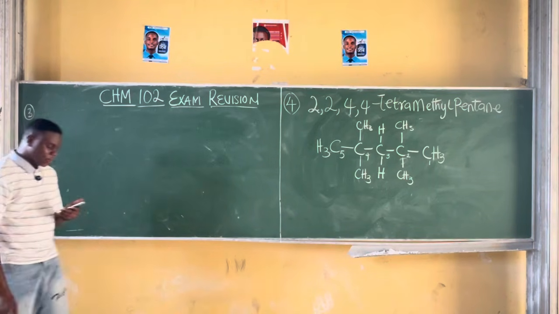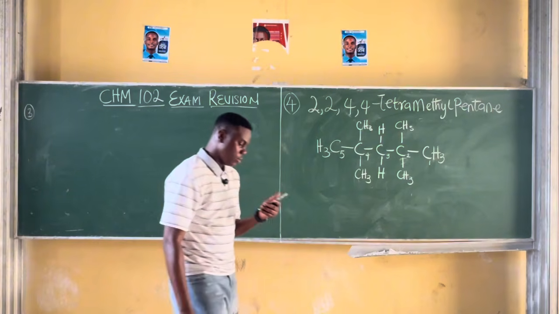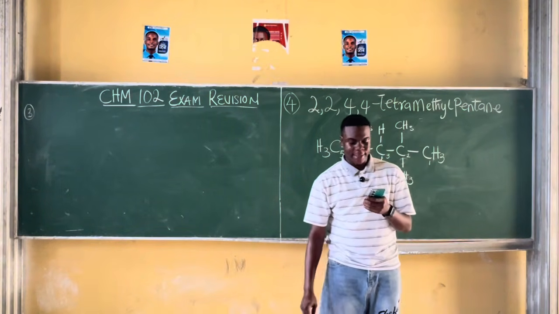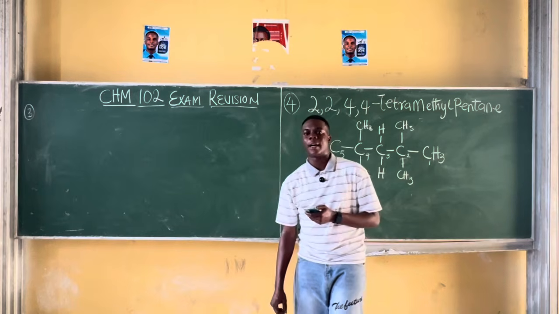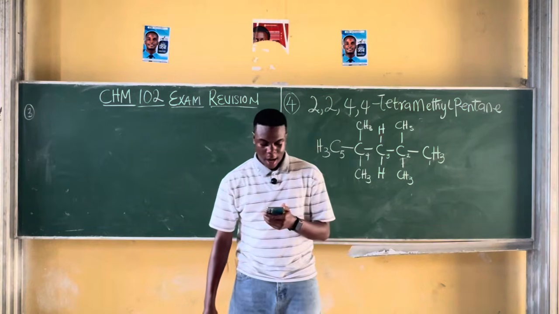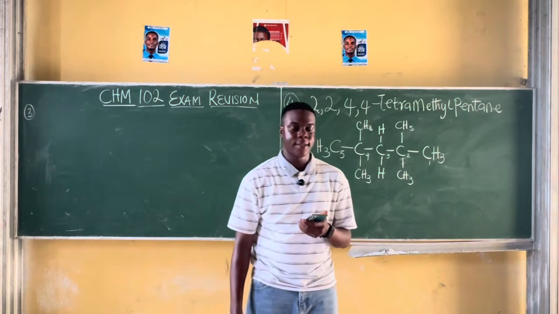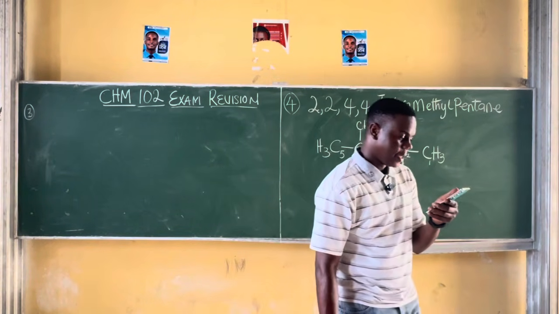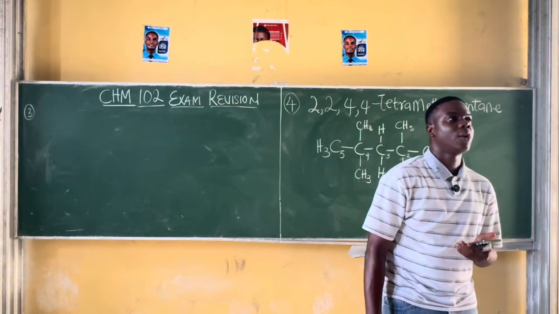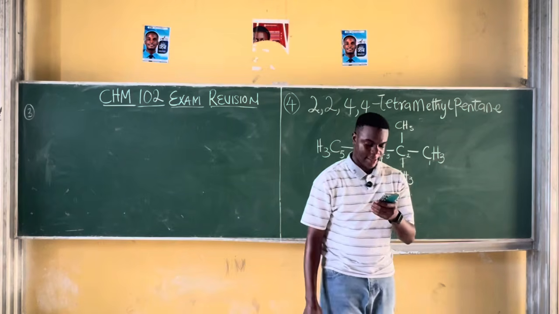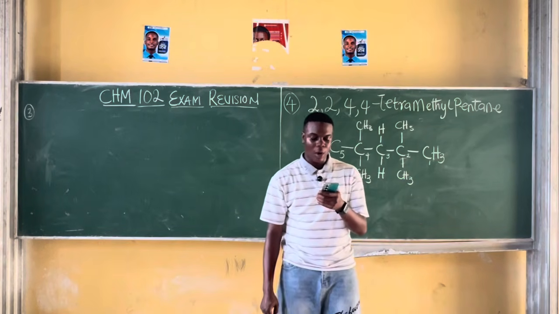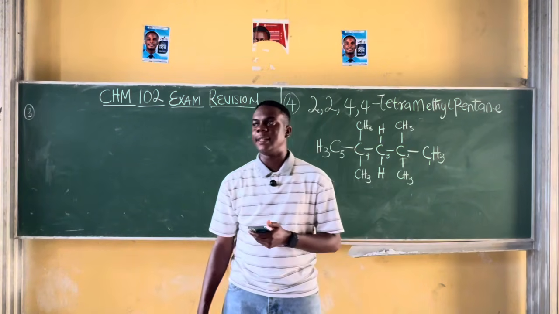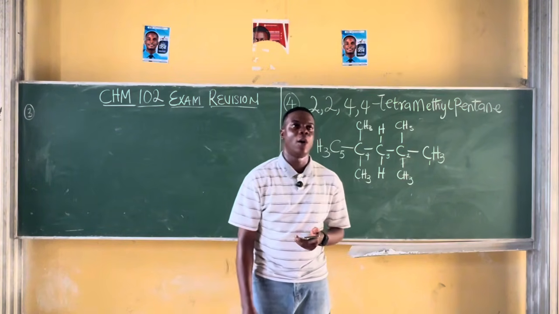All right, the next question is question number 2. 2A, the instruction says, tick the correct answer. Each question carries 1.5 marks. Question 2A(i) says, 1,5 hexadiene is an example of dash.